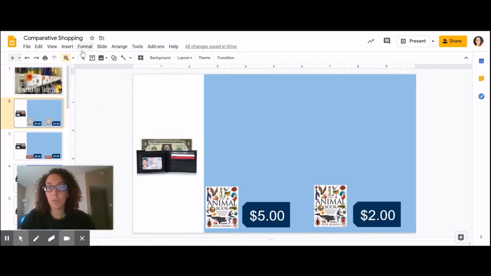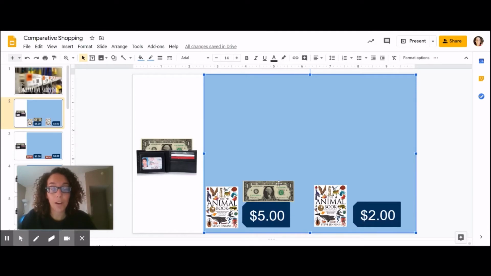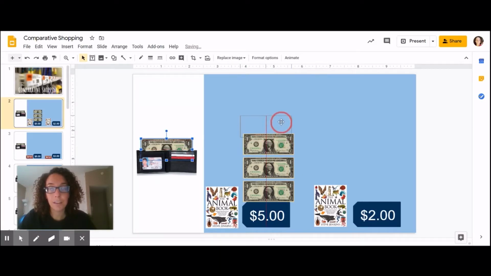We can move our dollar bills. We're going to count 5 for this one because it says the number 5. Can you help me count? Great. We have 1, 2, 3, 4, and $5.